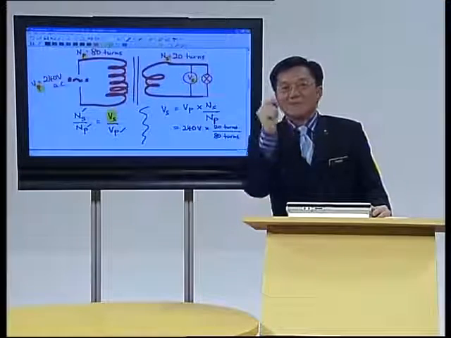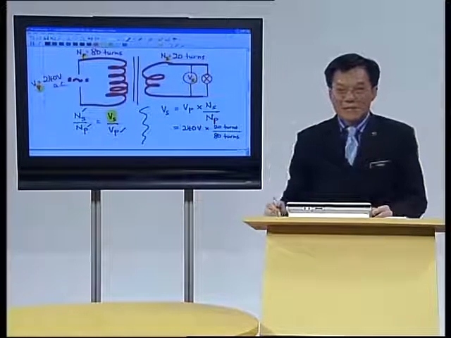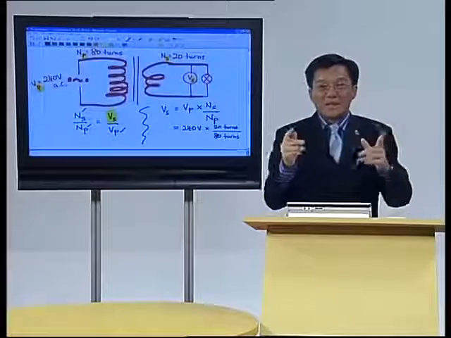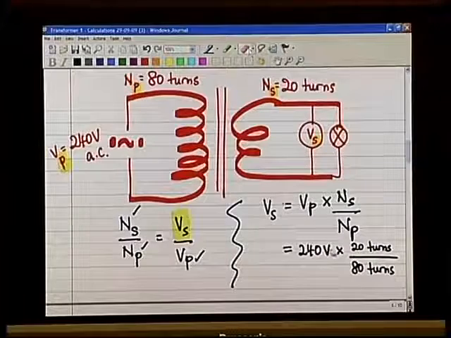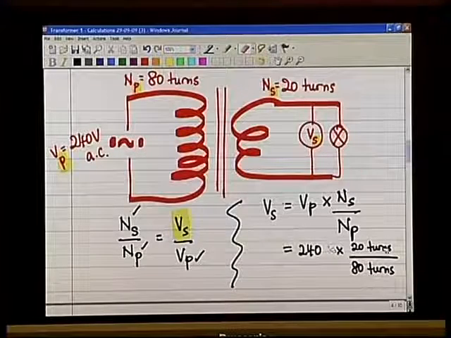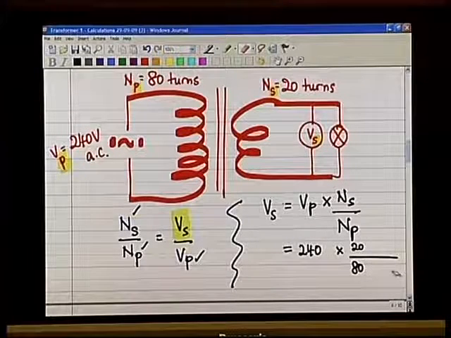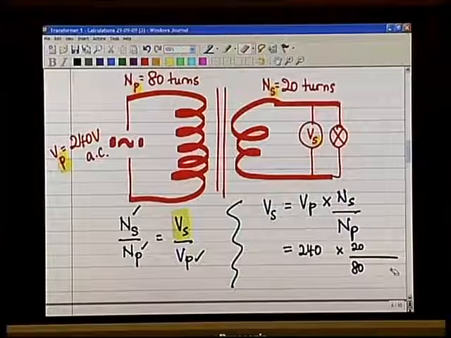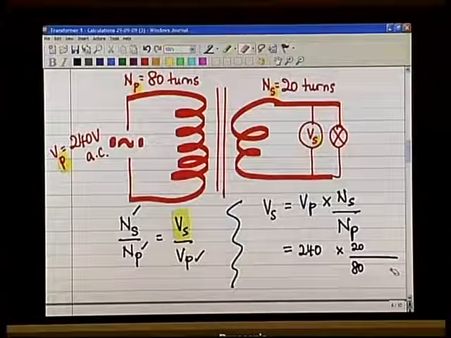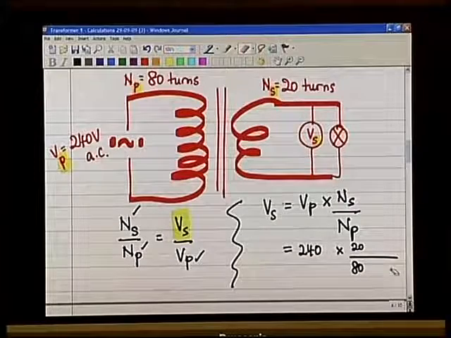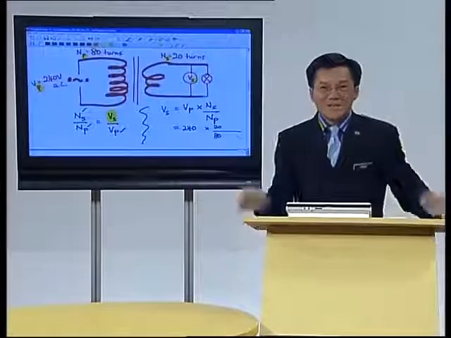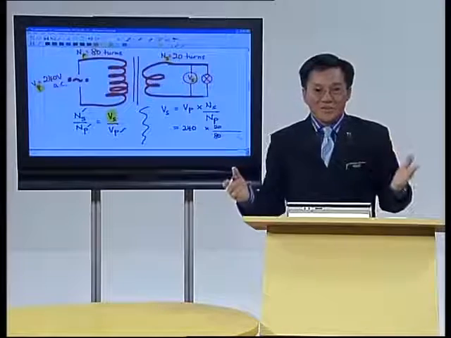Please write down the units every time. Now, if you do not believe me that the units are so important, I'll show you something. If you do not write down the units, you will be writing this down: 240 multiplied by 20 divided by 80. It doesn't mean anything. And this is not physics. This is just numbers, arithmetic.